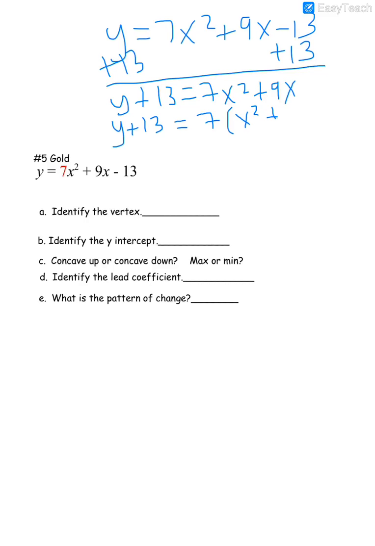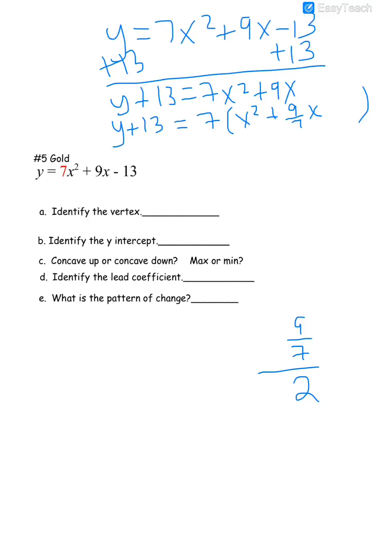So this is going to be 9/7. So then I'm going to take my 9/7 over here. I'm going to divide it. Ooh, that's wrong. Got ahead of myself there. 9/7, and I'm going to divide it by 2.